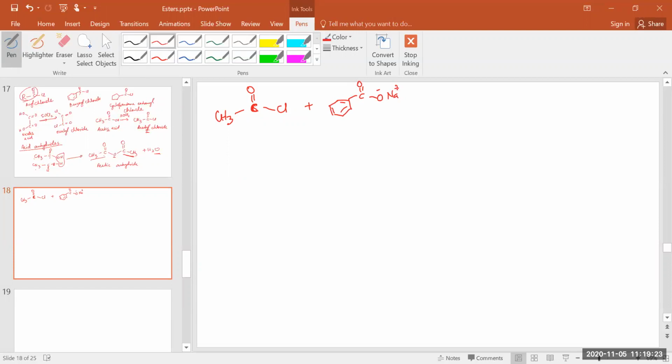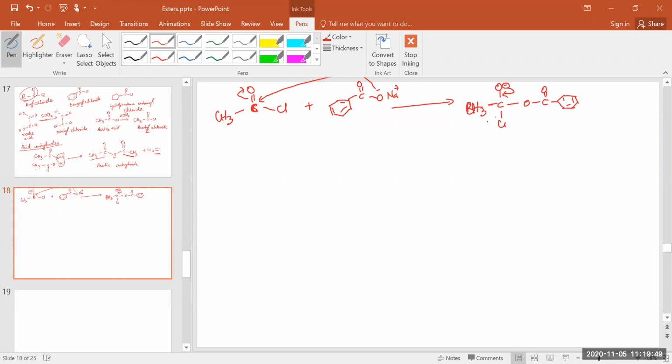Acid chloride is very reactive. It will go through nucleophilic addition. CH3COCl and the O minus of the benzoate with the phenyl.